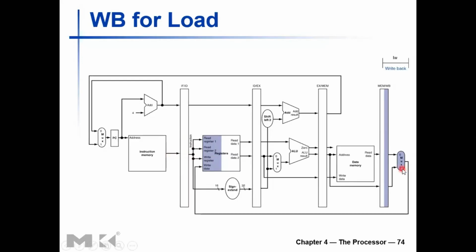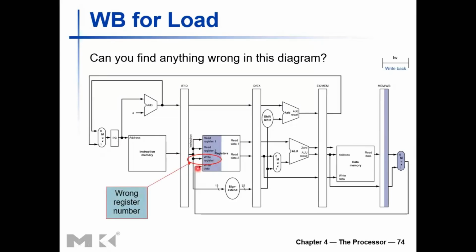Whereas this load instruction was fetched 4 clock cycles ago, right? So the address of the register to be written to is now incorrect. That is a major error that we see here.